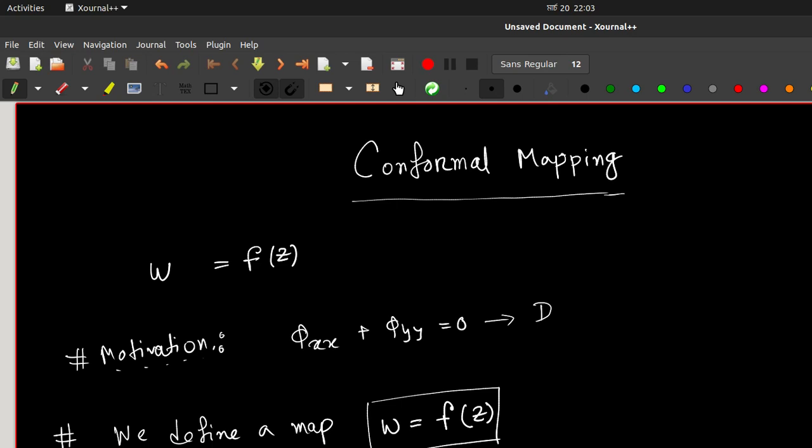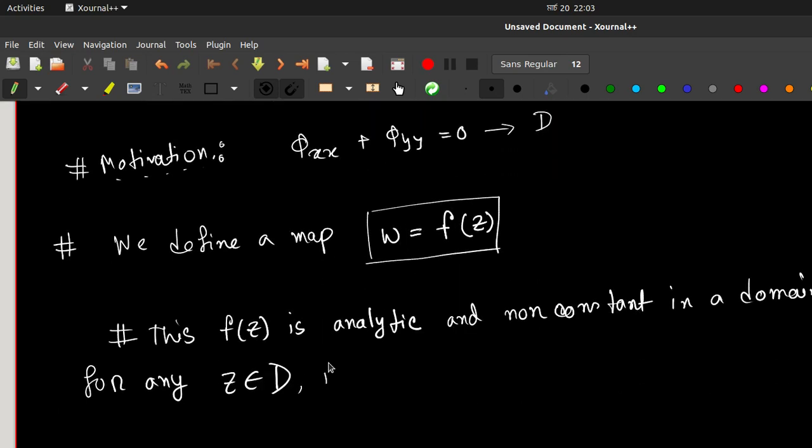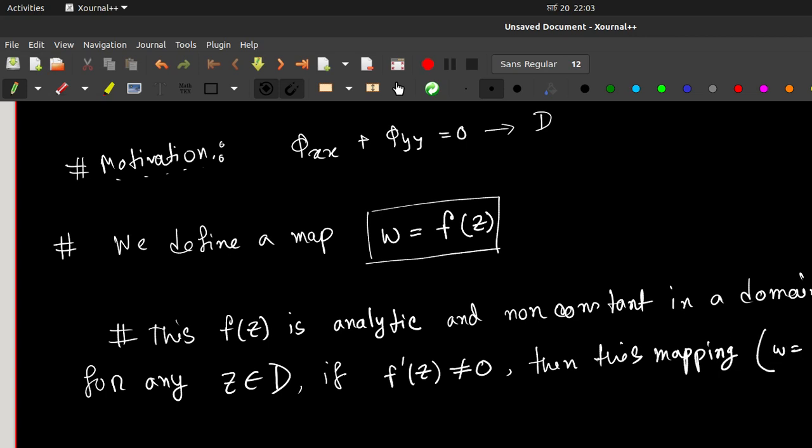If this is the case, and for any z that belongs to this domain, that means any point inside this domain, if f prime of z is not 0, that means we have a non-zero value for our derivative at that point, then this mapping, by this mapping we mean that w equals f of z, is conformal, which means that it preserves the angles between two differentiable arcs.